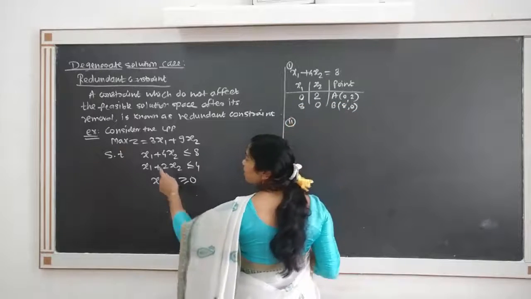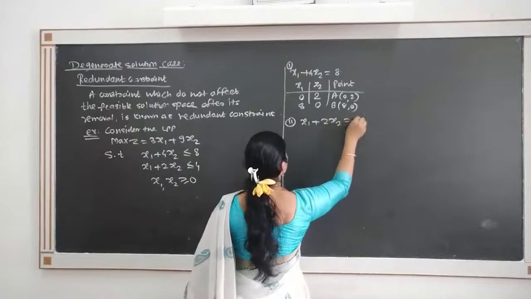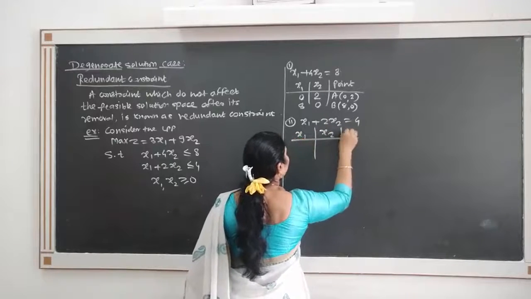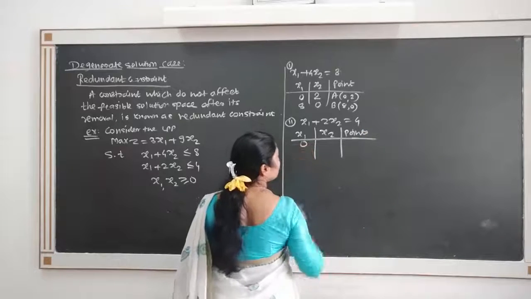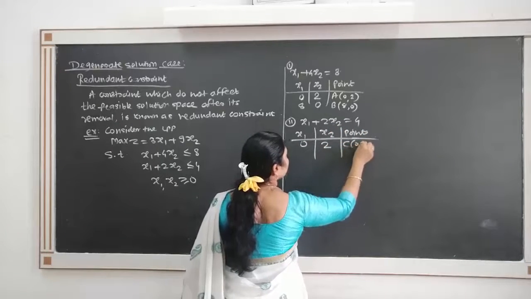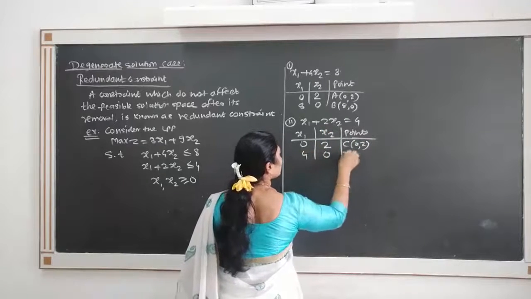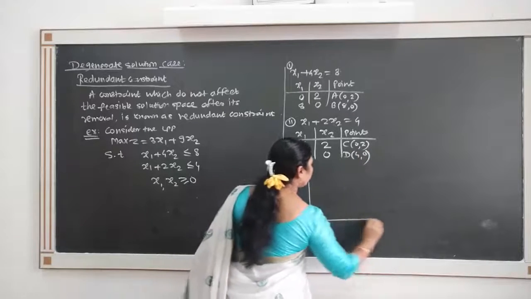If you see the second equation, we have x1 plus 2x2 equal to 4. Put x1 as 0 and then x2 as 0 to get the points. When x1 is 0, 2x2 is 4, so x2 is 2. C point will be 0, 2, and when x2 is 0, x1 is 4, so D point is 4, 0. Plot the graph.